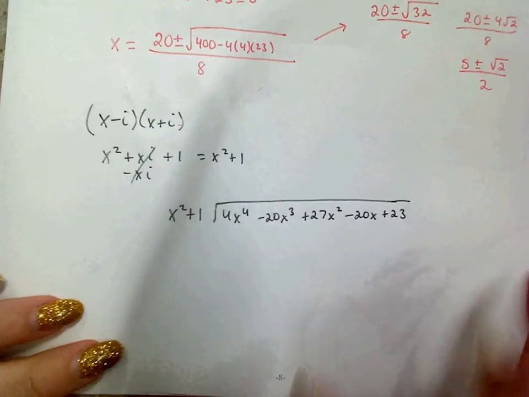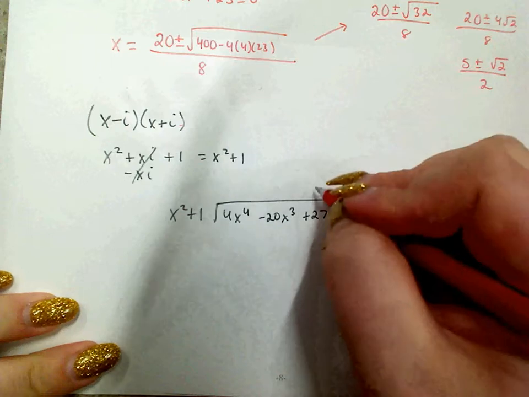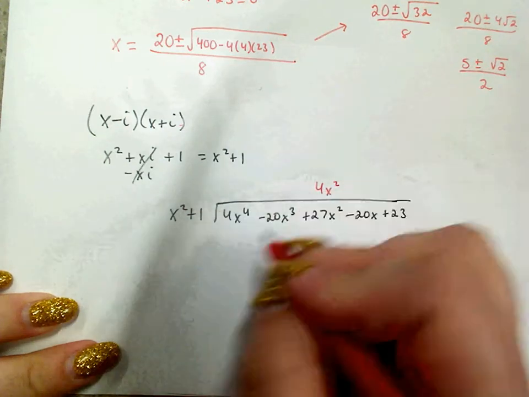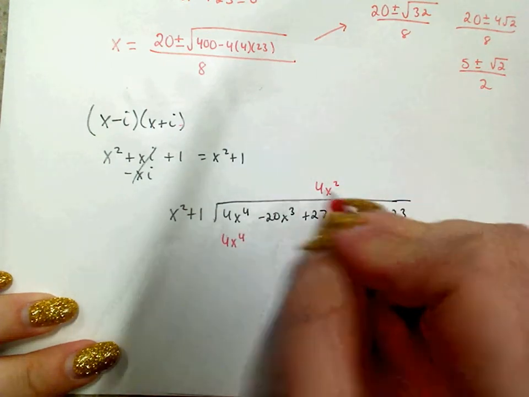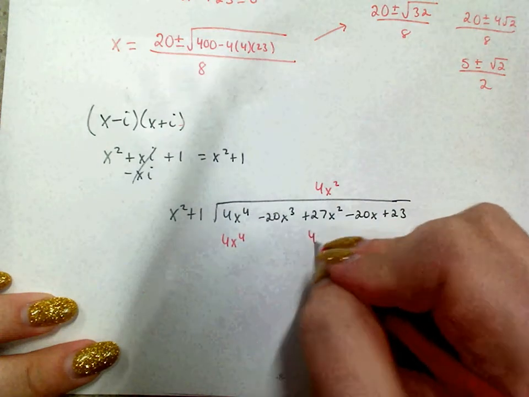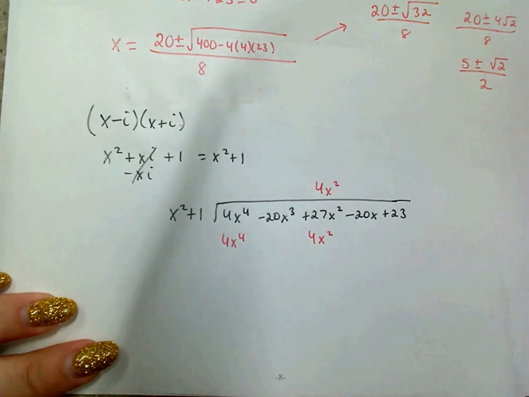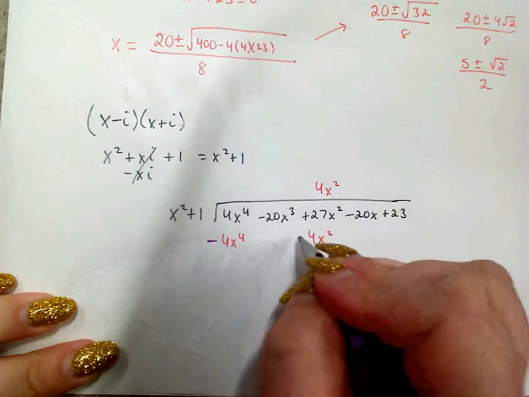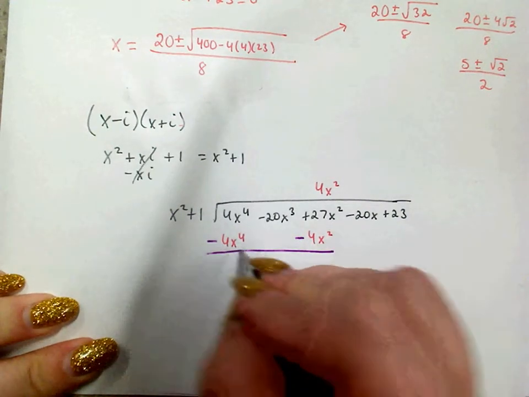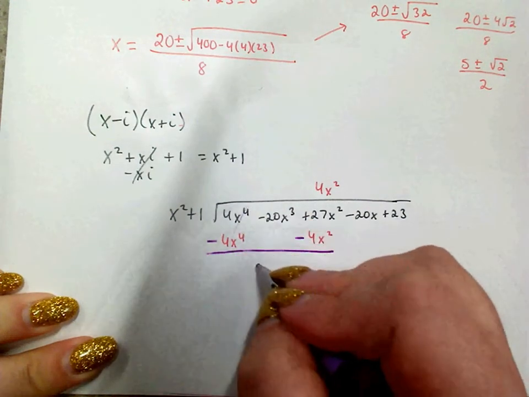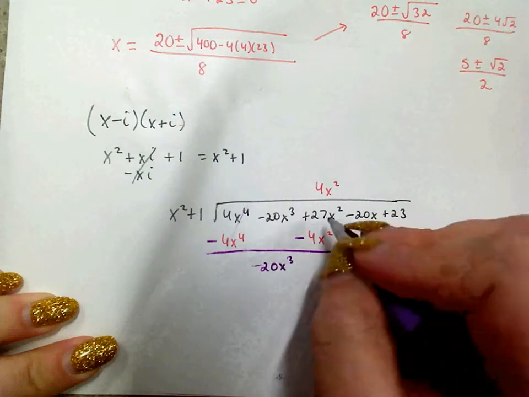So 4x squared times x squared is 4x to the 4th. 4x squared times 1 is 4x squared. I'm going to put that underneath the x squared term. We're going to subtract. And those go away. So I'm left with a negative 20x cubed plus 23x squared minus 20x.